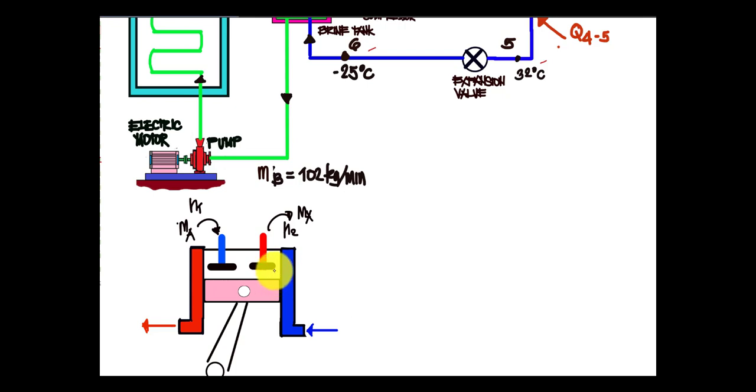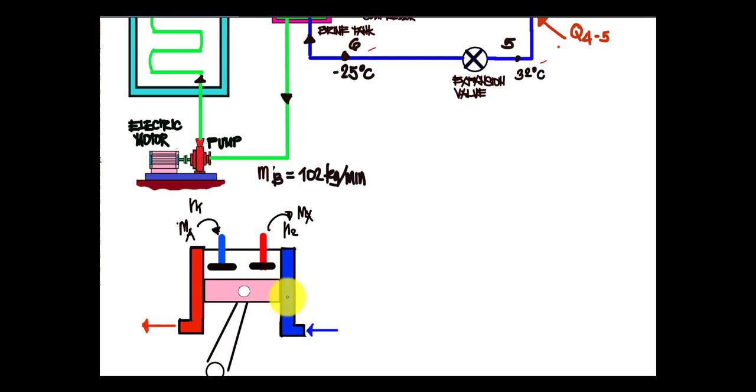I redraw our compressor here. Blue represents our jacket water entering. I colored it blue to represent that it is cold, and what is leaving I colored red to represent that it is hot water that is absorbing the heat during the compression stage of our compressor.